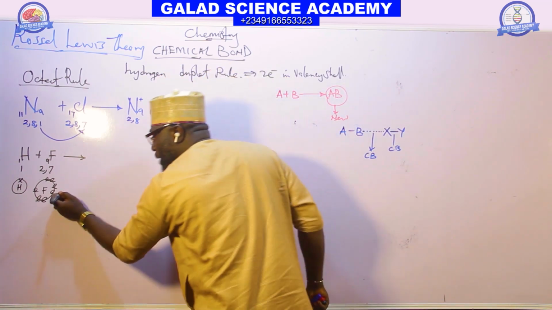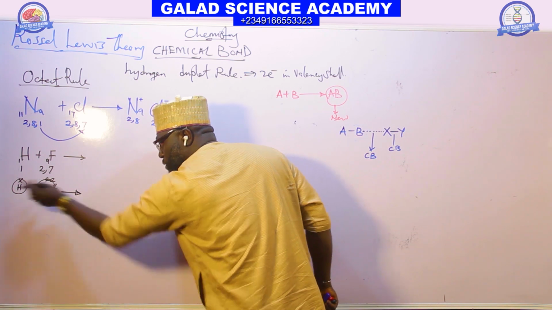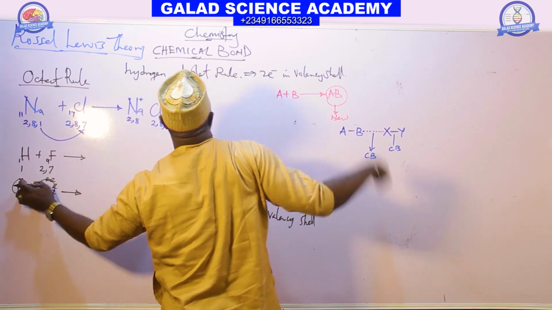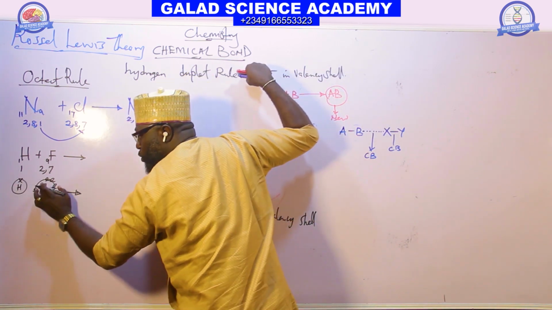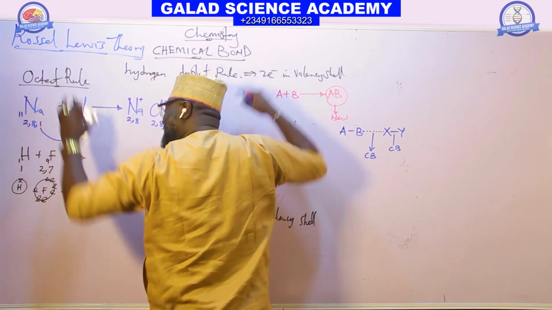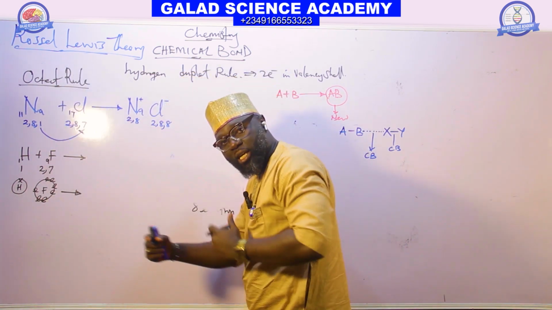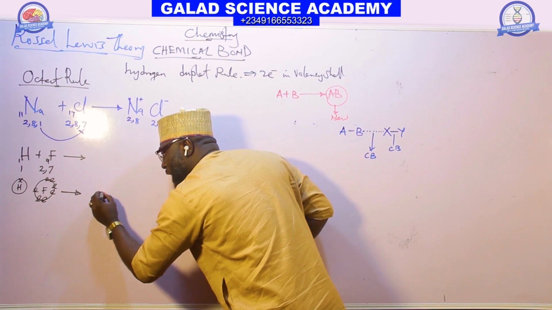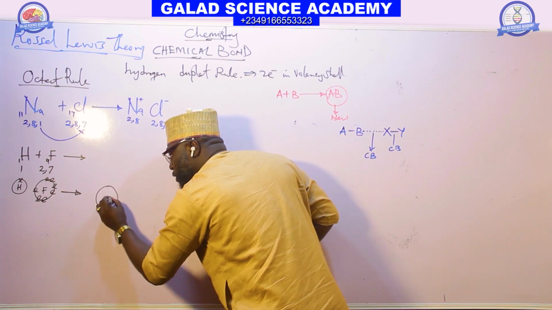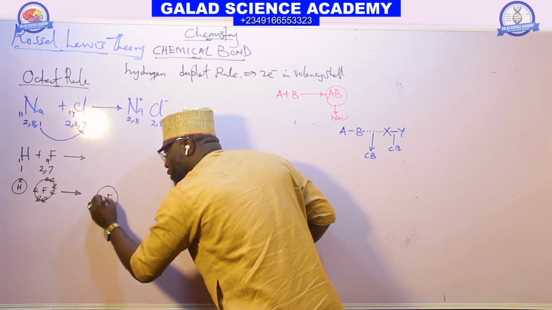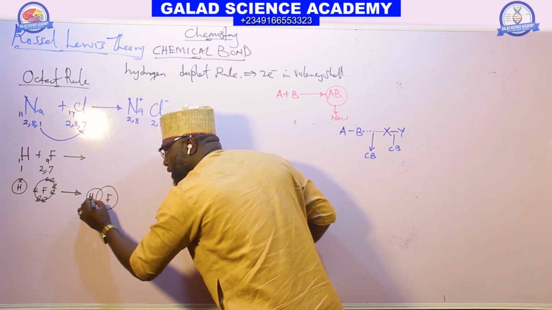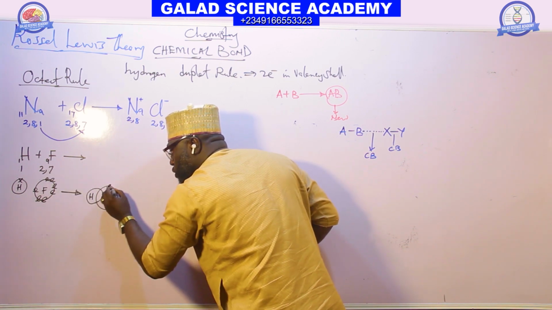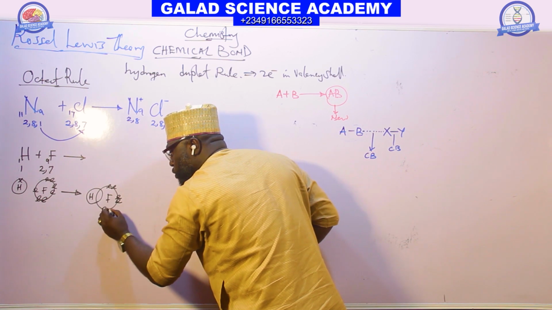If they overlap or share the electron, this one needs 1 to complete, to make it duplex. This one needs 1 to make it 8. So they will share the electron in the atomic shell. You will have fluorine overlapping with hydrogen. So this fluorine here has 2, 2, 2, 2, 2, 2.